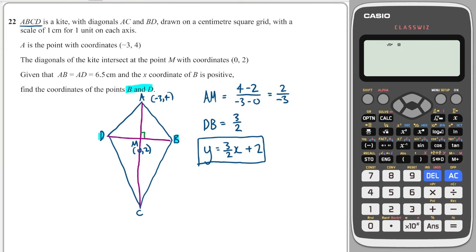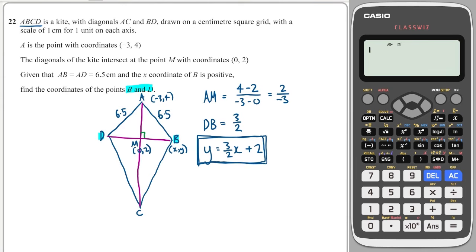Okay, we also need to use the fact that this is 6.5 and this is 6.5. So we're going to have to use the length of a line formula. Now this point here, B, is an xy coordinate. And what I know about the point B is that it's on this line, y is equal to 3 over 2x plus 2.